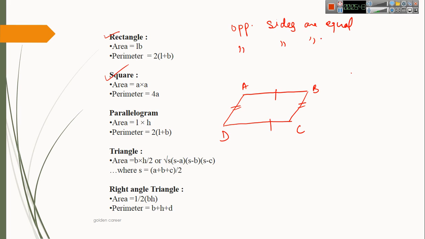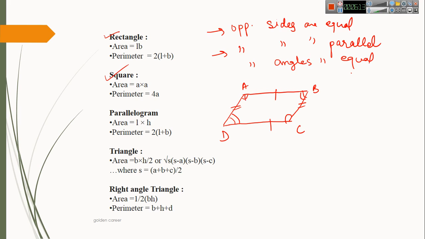Opposite sides are parallel, as the name suggests. And the third criterion is that opposite angles are also equal, meaning angle A will be equal to angle C and angle B will be equal to angle D. So this is a parallelogram.